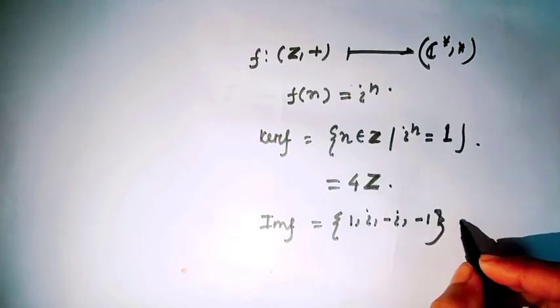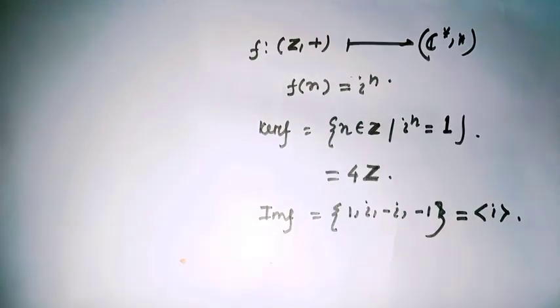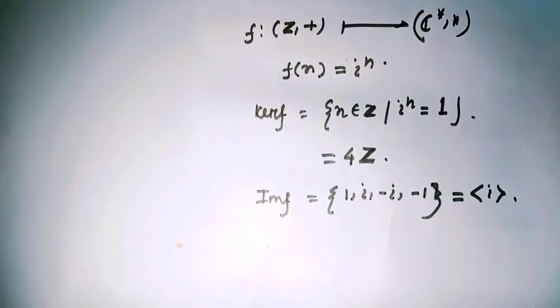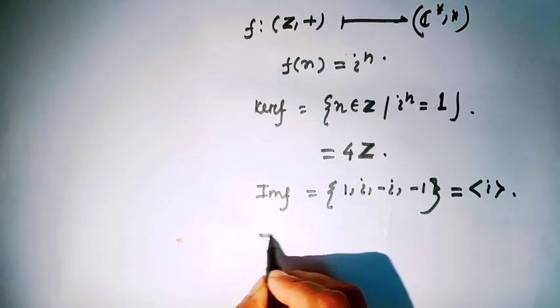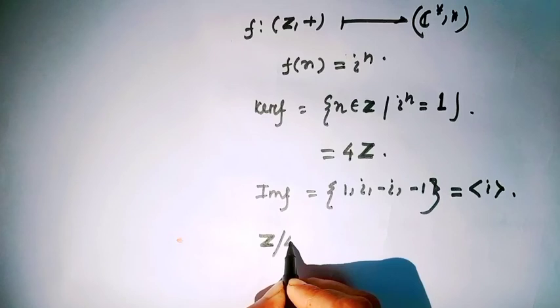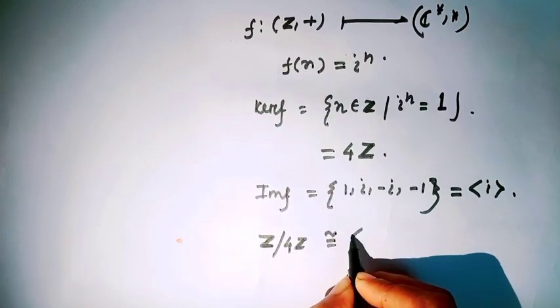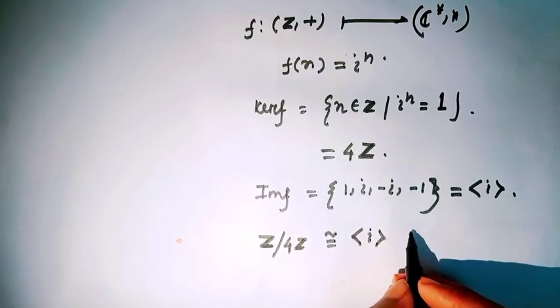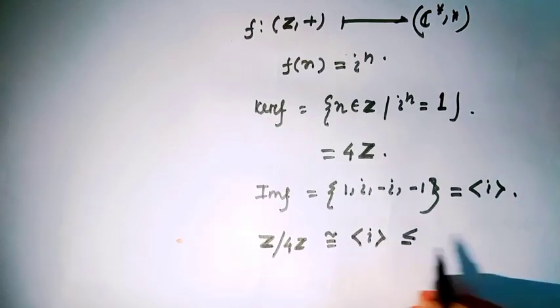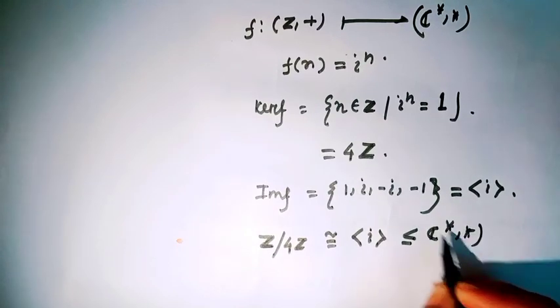Okay, and this is the cyclic subgroup generated by i. So by the first isomorphism theorem we can tell Z mod 4Z is isomorphic to the cyclic subgroup generated by i, which is a subgroup of C star under multiplication.